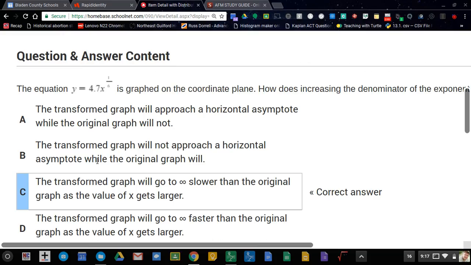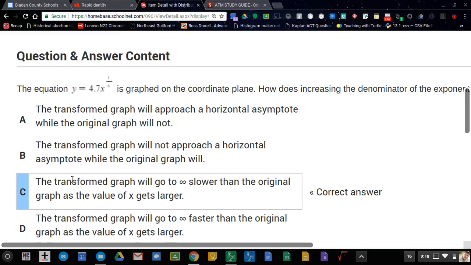A transformed graph will not approach a horizontal asymptote while the original graph will. Is that really a transformed graph? Sort of. Okay. Again, it's not approaching a horizontal asymptote, but neither is the original, right? So does B make sense?